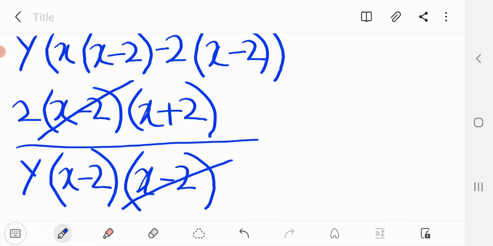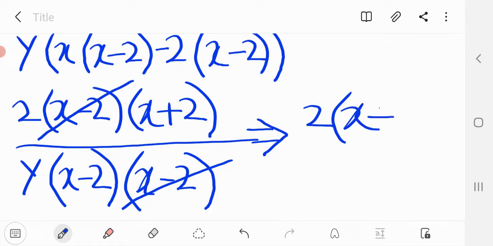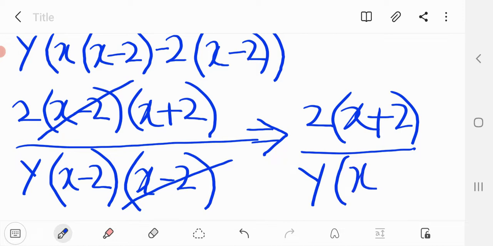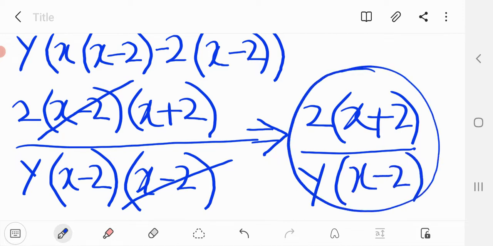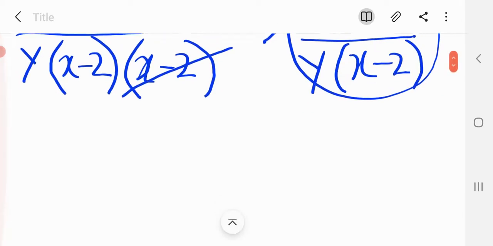So the complete answer of this question is 2 into x plus 2, because further it is not possible to simplify, over y into x minus 2. So this is the complete answer of this algebraic expression. This type of explanation can be further explained through another example, so let me proceed to another example to solve such questions.